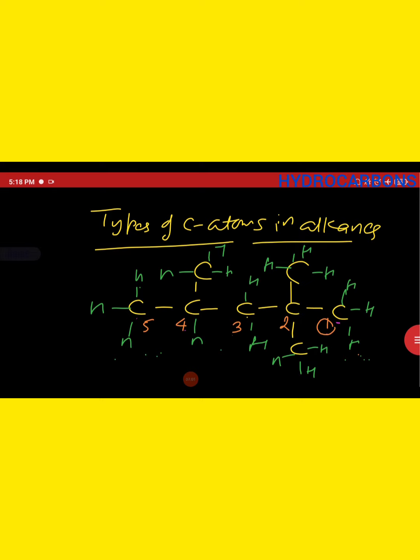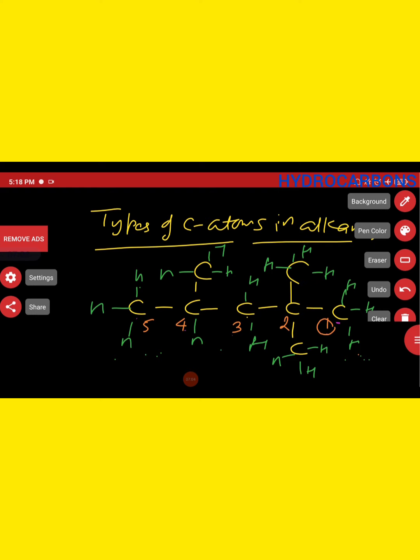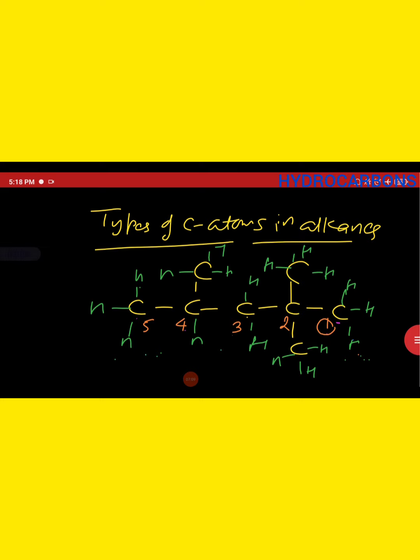A carbon which is directly attached with only one carbon atom is called a primary carbon. In this sense, the first and fifth carbon atoms are primary. Even this carbon atom is primary because it is directly attached with only the fourth carbon. And this is also primary, and this carbon is also primary.